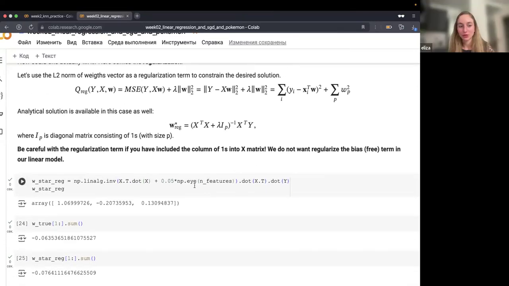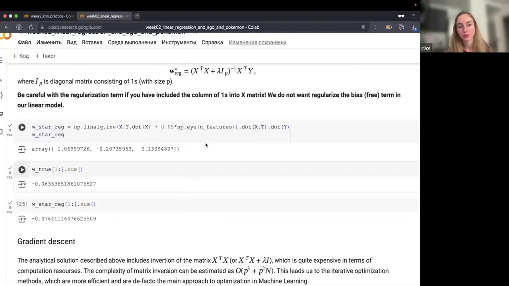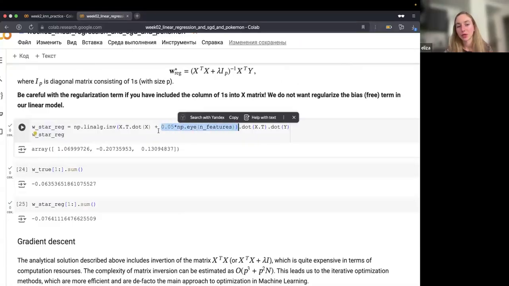Let's try to see how it works in code. It's your regularization part. You have the lambda coefficient and the I matrix.